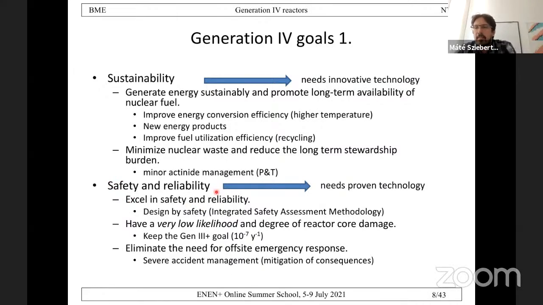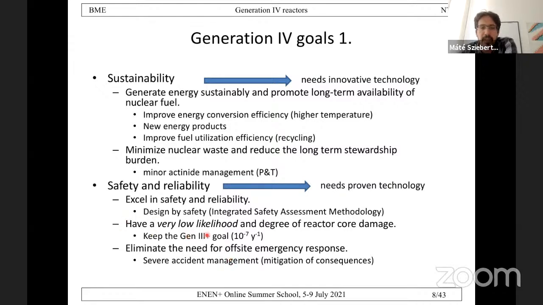Obviously, safety and reliability is also a very important goal, but it's a little bit controversial, because what is best for safety is a proven, well-known technology. So I would formulate it in a way that we need to do all these innovations without interfering with this high level of safety, which is already achieved in generation 3 and 3 plus.